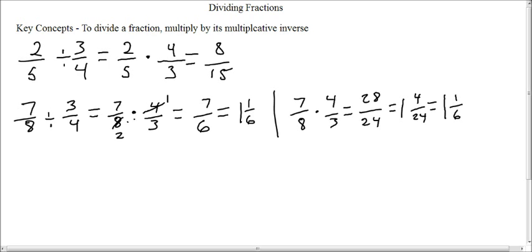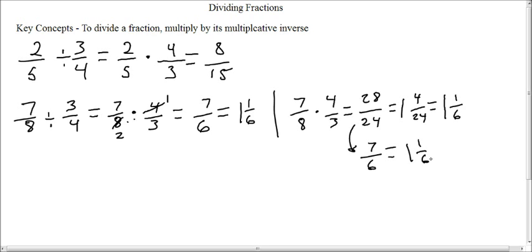So there are several ways we could have done this. We could have taken the 28 and the 24 and divided them both by 4, and I'll have 7 over 6, and then again that's going to give me 1 and 1/6.